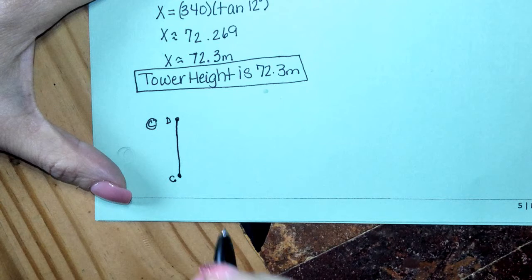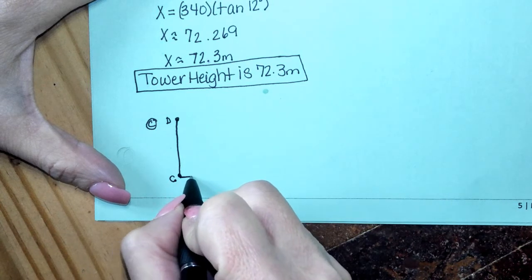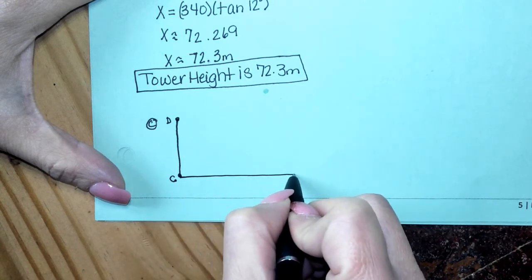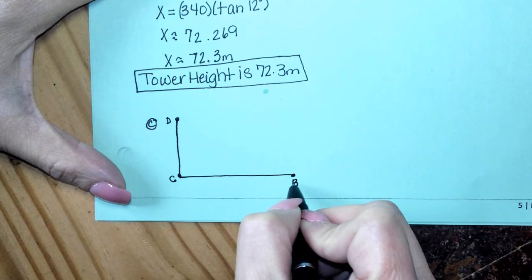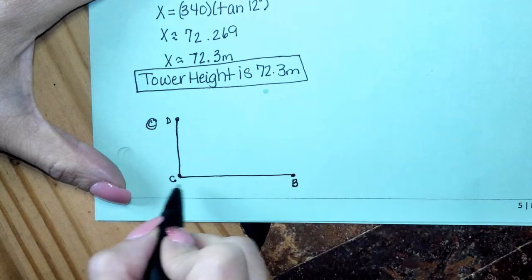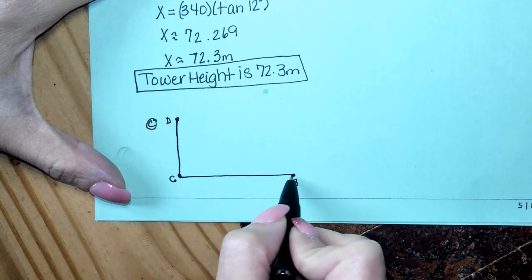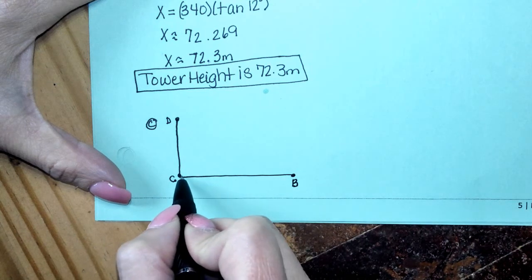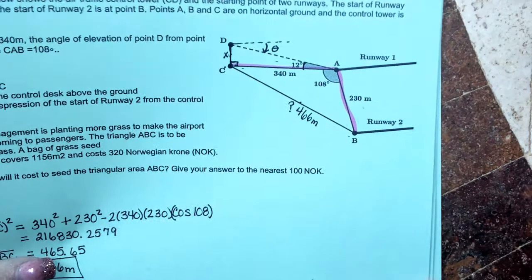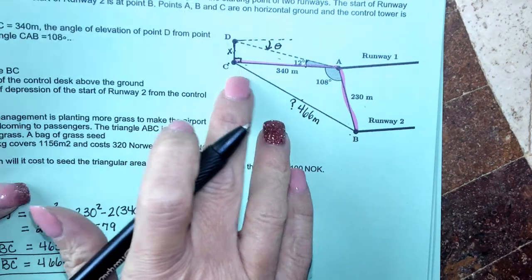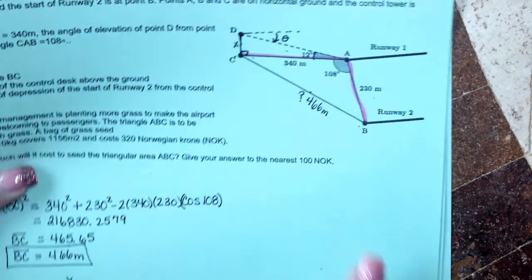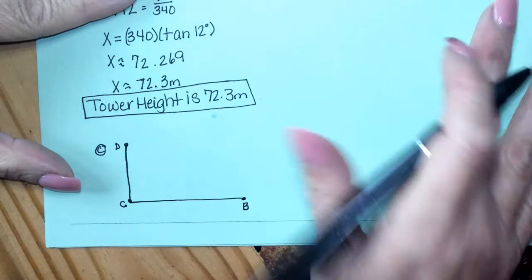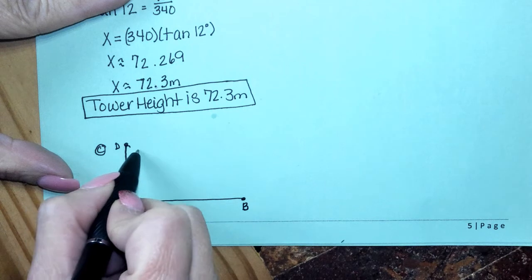So you got to think kind of about three-dimensional space. We are going to go out to runway B, or 2, runway 2. This is on the ground, so this is perpendicular. When you look at it up here, it's kind of like, wait, no, that's not flat, but it is. This is on the ground, so our control tower guy, when he looks down, he's looking down, and it's perpendicular.